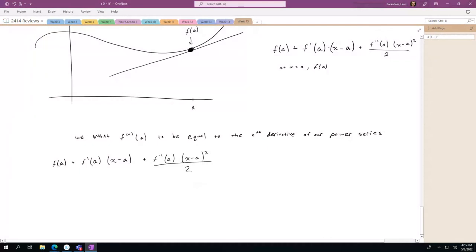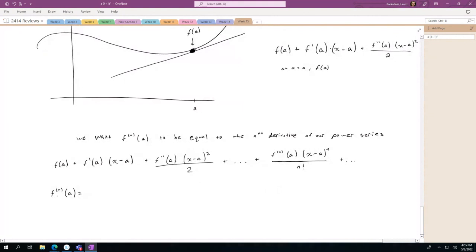So basically I'm trying to say if I define my power series to be something like this, then when I take the nth derivative, anything of a degree smaller than n is going to go to 0, because I'll take the derivative so many times that I'll eventually get down to a constant, take the derivative of the constant and get 0.